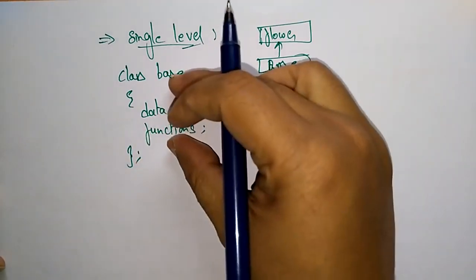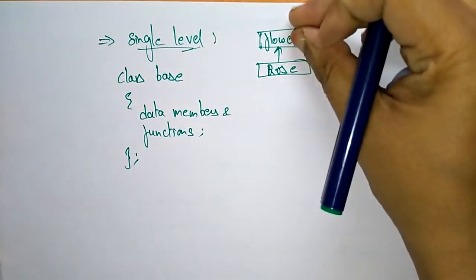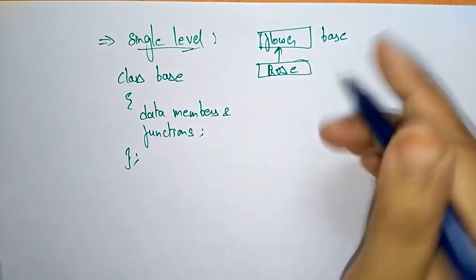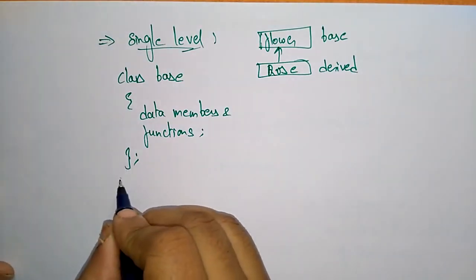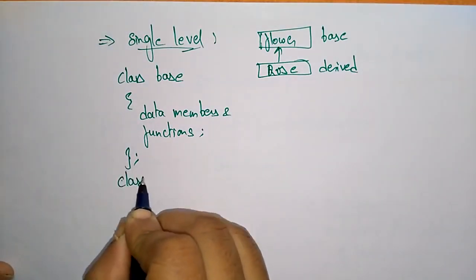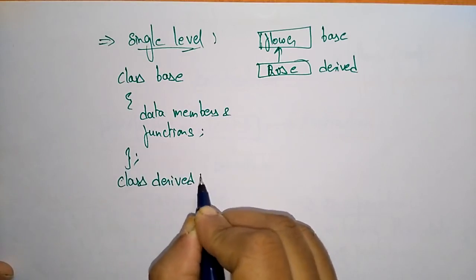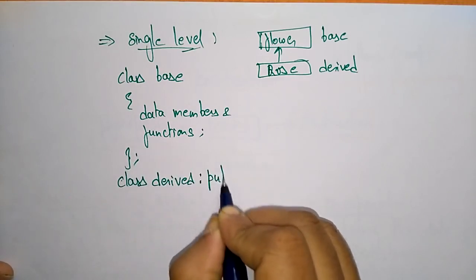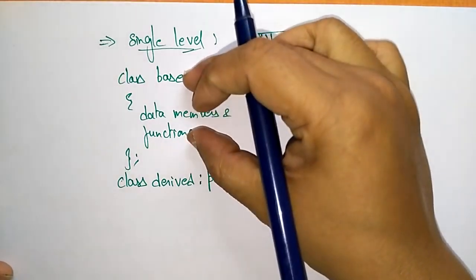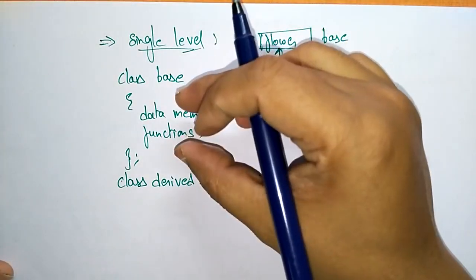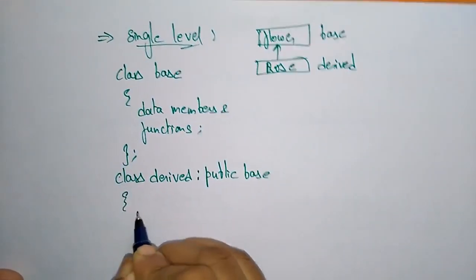Here I write only the base class. Now coming to the derived class, how will you represent it? Class derived colon public base. Here we are acquiring the properties of the base class into the derived class.